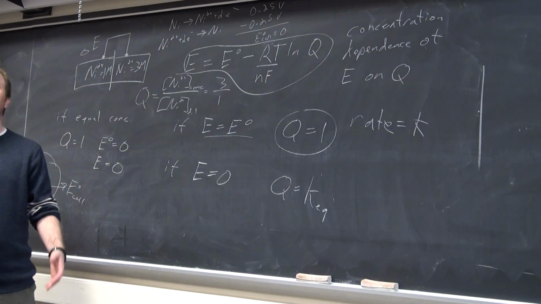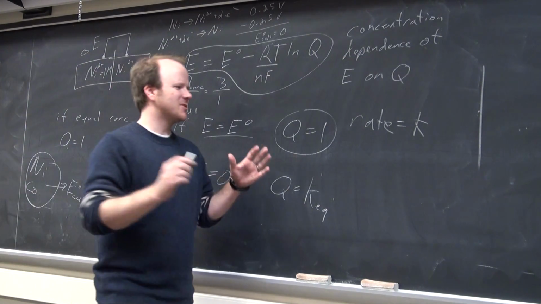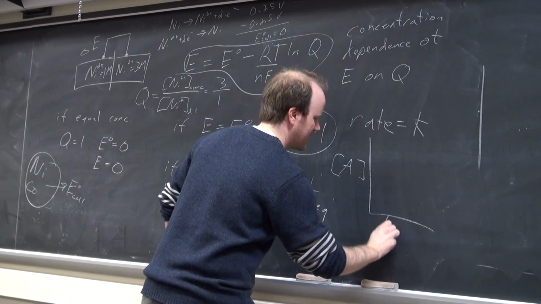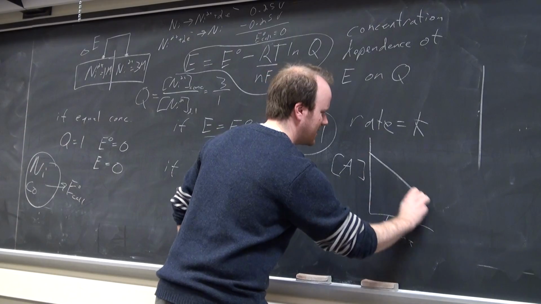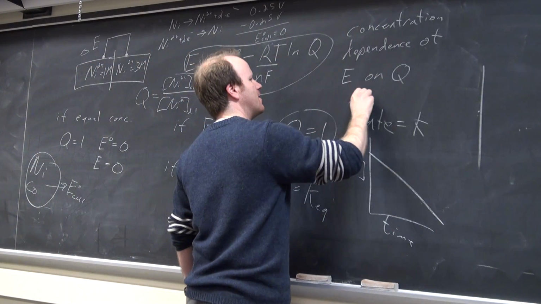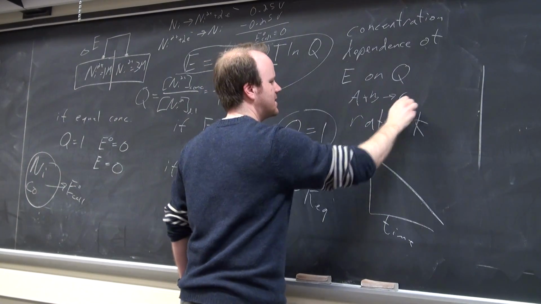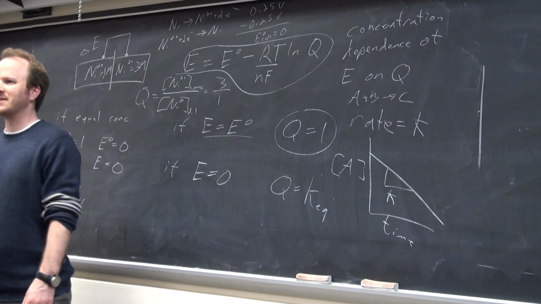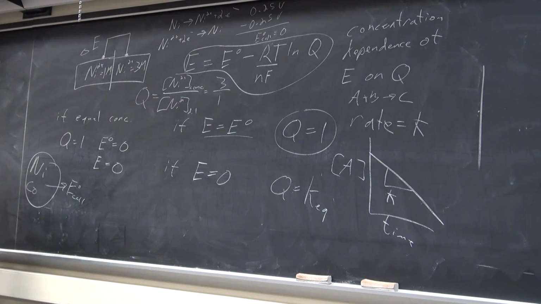Doesn't depend. So the concentration of A as a function of time actually goes down, right? You're using up A. A plus B goes to C. You're using up A, and the slope is just the rate constant. So the concentration of A goes down, right?